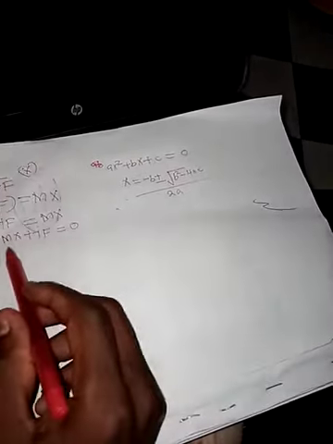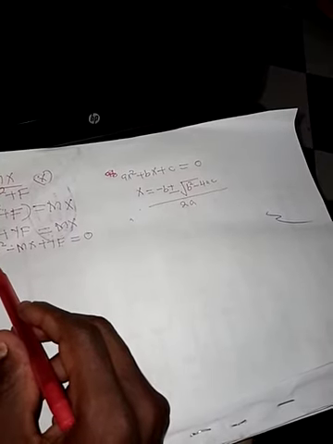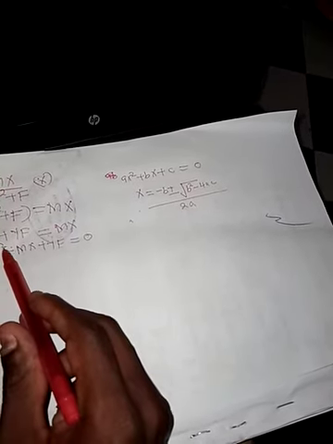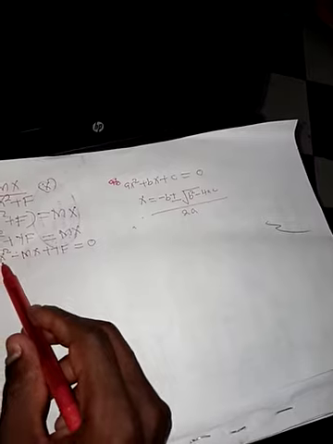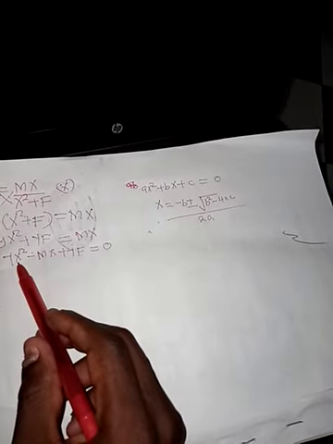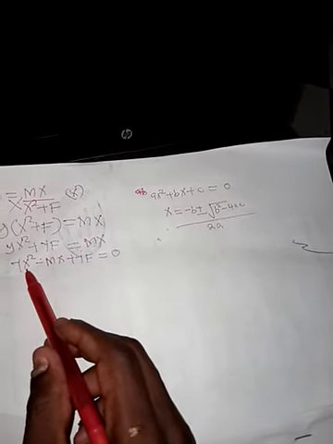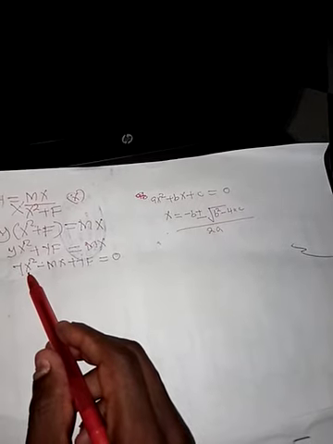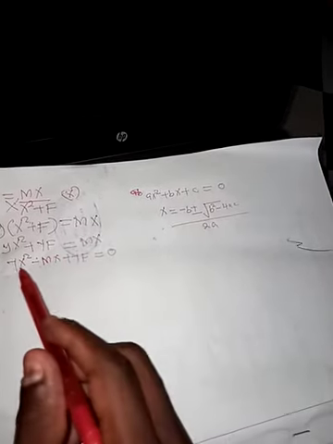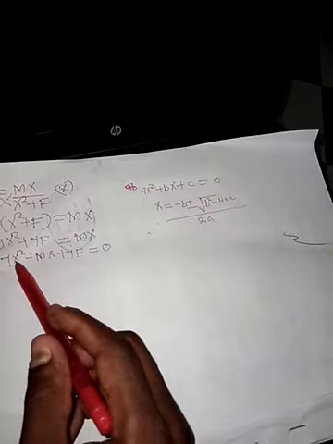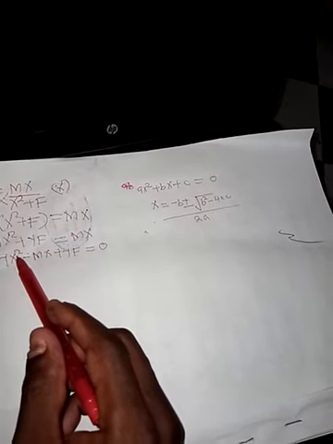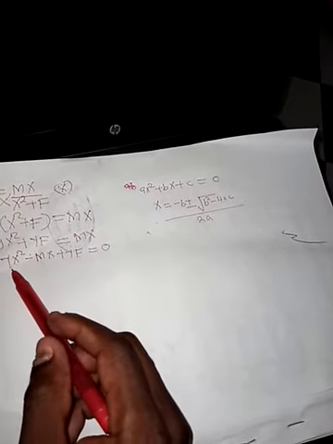For us to use the completing the square method, the coefficient of x squared should be 1. So what do we do? We divide both sides by y for us to make the coefficient of x squared to be 1.